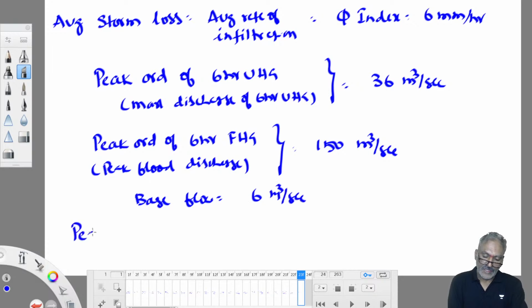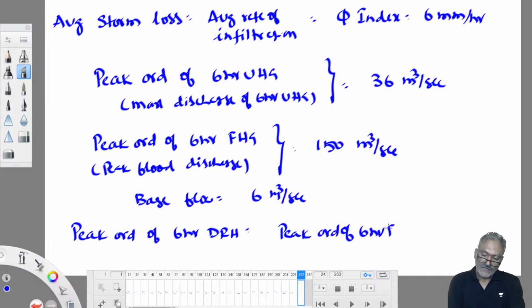Therefore, the peak ordinate of the 6-hour direct runoff hydrograph is equal to the peak ordinate of the 6-hour flood hydrograph minus base flow. So it is 150 minus 6, which is 144 cubic meters per second.